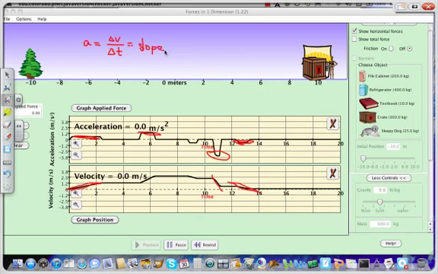So if ever I see an acceleration that's large, then the slope of the speed versus time graph has to be large. If the acceleration is not large, then the slope of the speed versus time graph has to be not large. So that's Newton's second law coming into play.